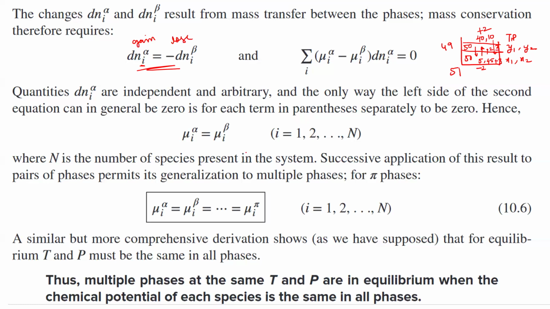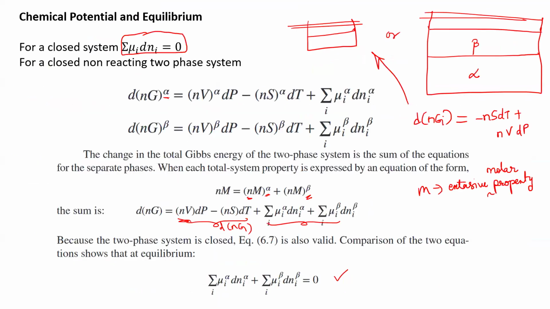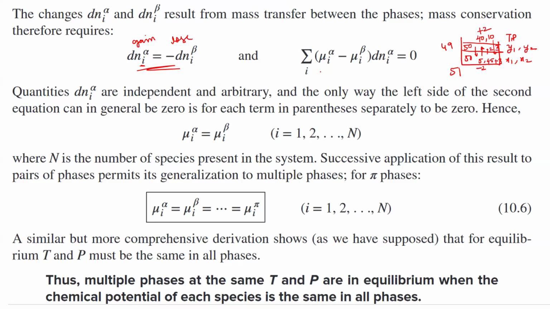So considering that in the above equation, we get sigma of mu I alpha minus mu I beta times dNI alpha is 0. Assuming that there exists some finite transfer, dNI alpha is not equal to 0. So that's why the bracket should be equal to 0. So at equilibrium, mu I alpha is equal to mu I beta.